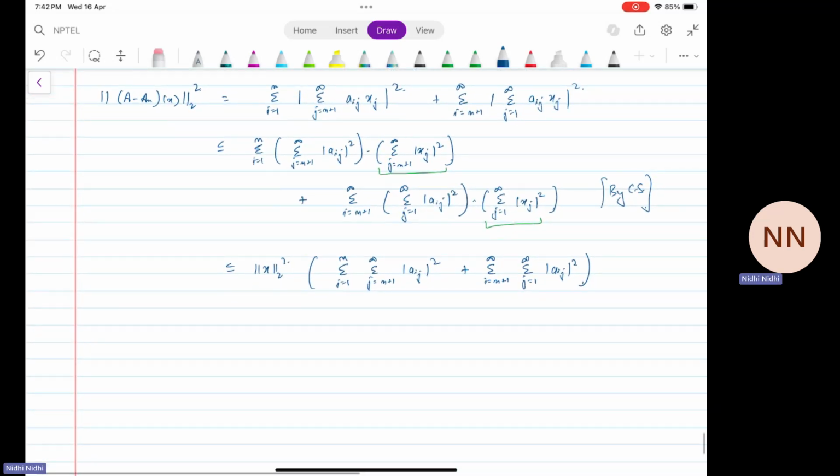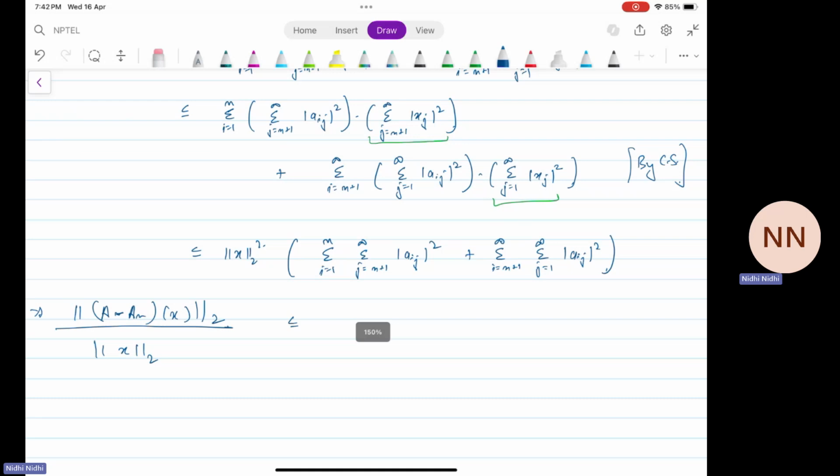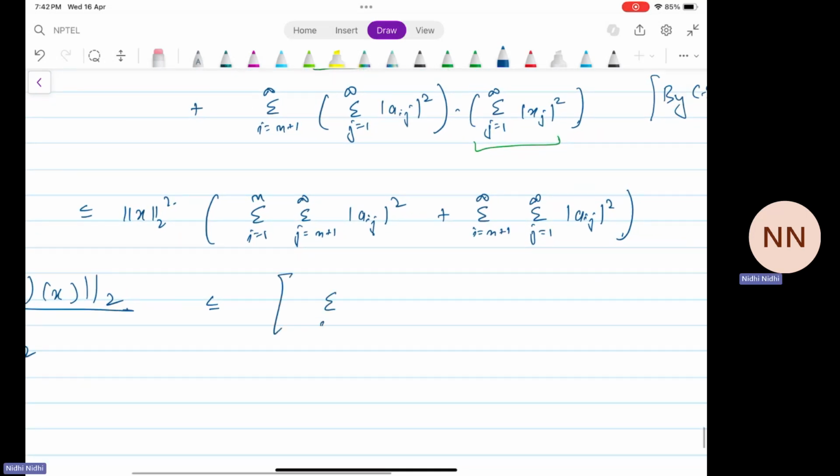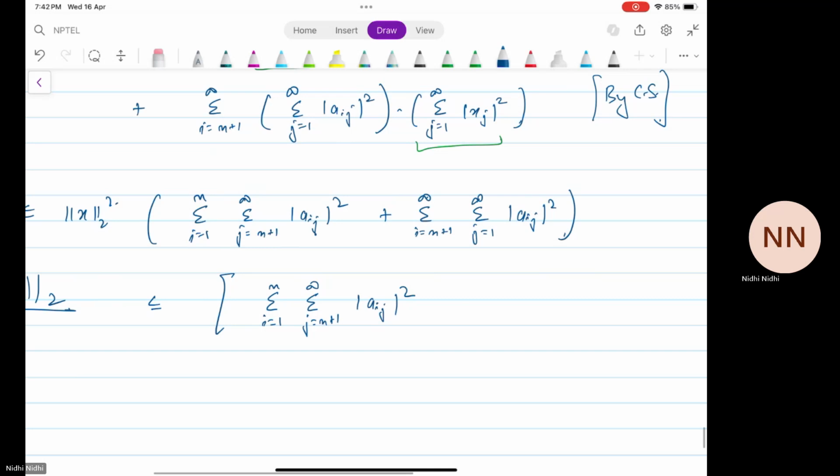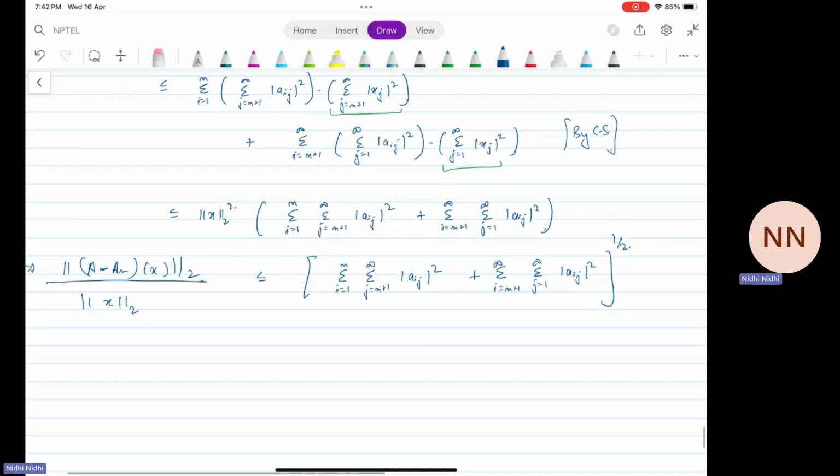Now this implies norm of (A minus A_n)x in L2 norm divided by x L2 norm is less than or equal to (summation i from 1 to n, summation j from n plus 1 to infinity mod a_ij square, plus summation i from n plus 1 to infinity summation j from 1 to infinity mod a_ij square) whole to the power 1 by 2. Now this happens for every x in L2 minus 0.